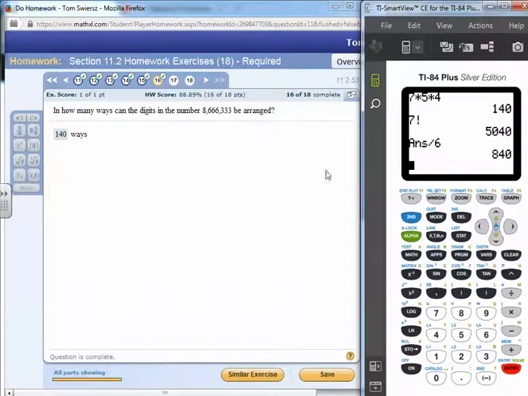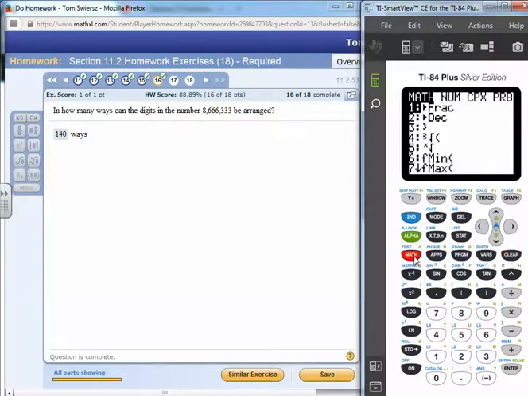And then we had another 3 factorial for the 3 3s, so divide by 6 again. Be careful, I made a mistake. Let's just start over. I cleared it. I did 3 instead of 3 factorial, exactly what I told you not to do. So 7 factorial.